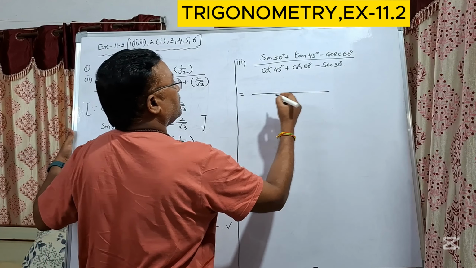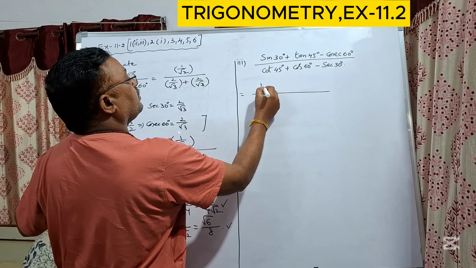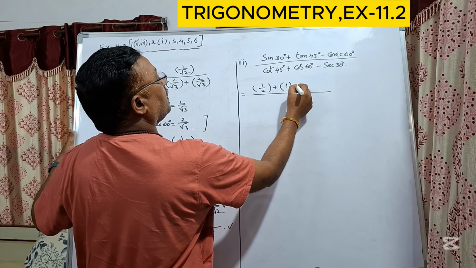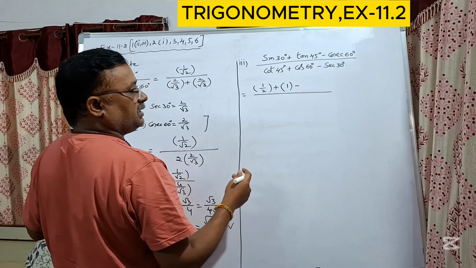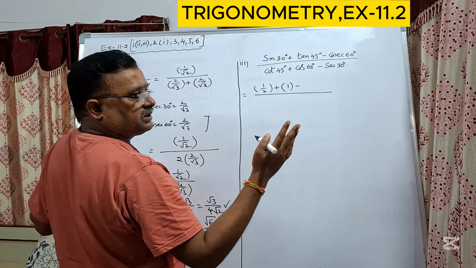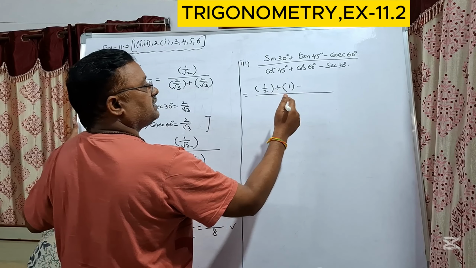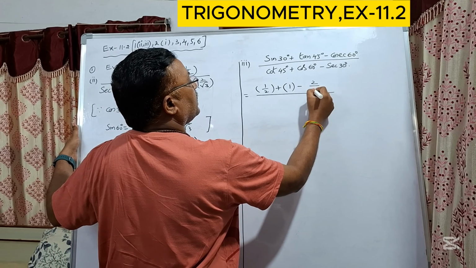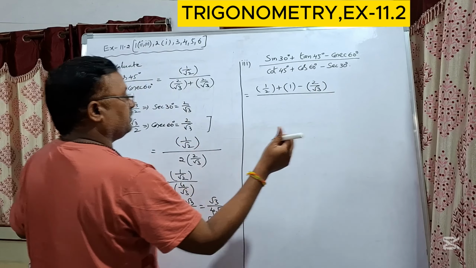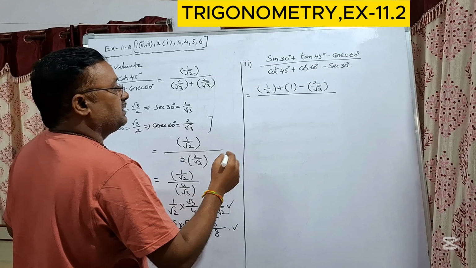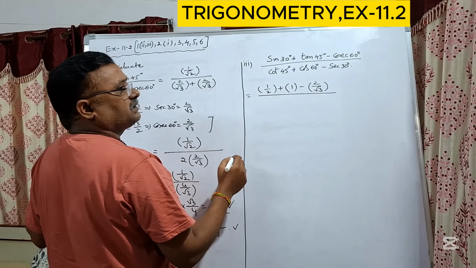This is equal to sine 30 value 1 by 2 plus tan 45 degrees value 1 minus cosecant 60. We don't know cosecant 60 directly. Sine 60 is root 3 by 2, so cosecant 60 will become 2 by root 3. That's why I took this one using the reciprocal property. By cot 45 degrees.